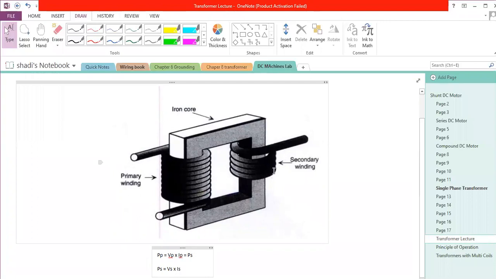But at the same time, the current at the secondary will be greater than the current at the primary. This happens because we want to maintain the power. It must be the same. So if I reduce the voltage, the current will be increased, greater than the current of the primary, to maintain the equation that the power of the primary equals the power at the secondary.